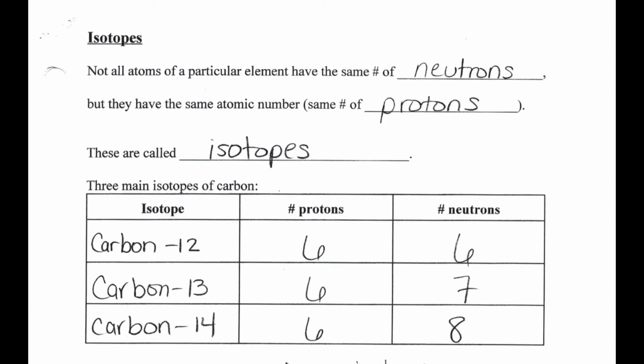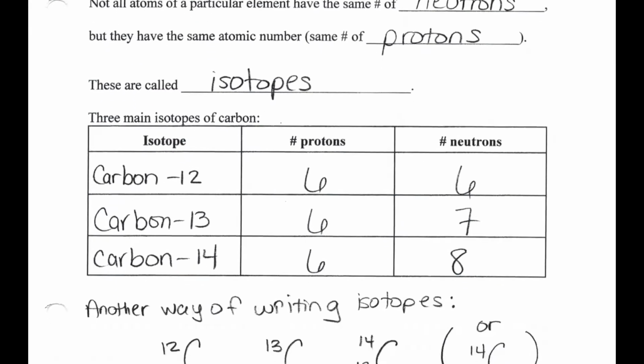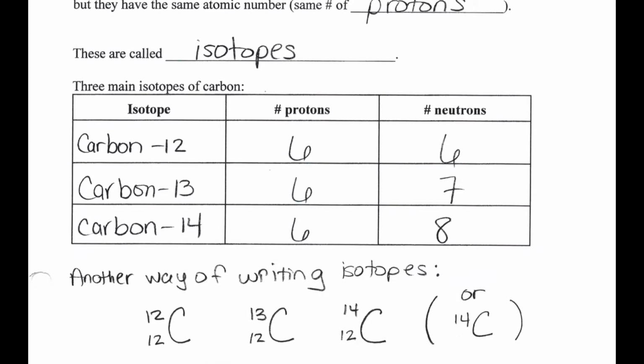Not all atoms of a particular element have the same number of neutrons. They're going to have the same number of protons, because they all have the same atomic number. So all atoms of carbon have 6 protons, no matter what. All atoms of sulfur have 16 protons, no matter what. It's the neutrons that can vary. There are 3 main isotopes of carbon: carbon 12, carbon 13, and carbon 14.